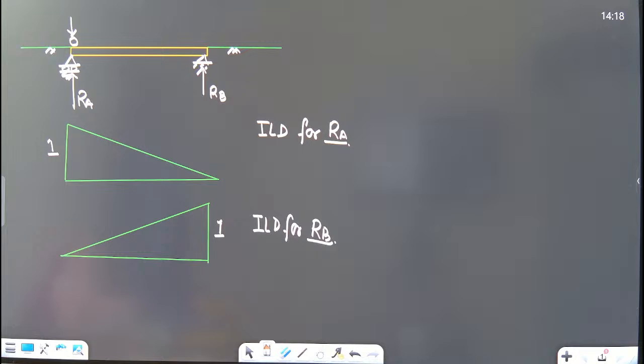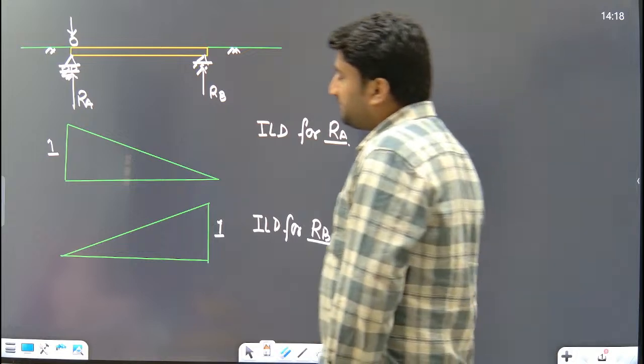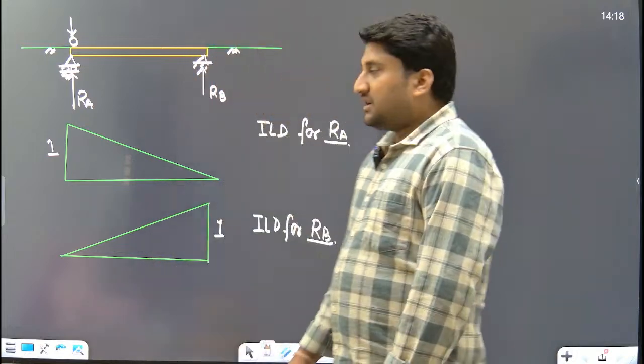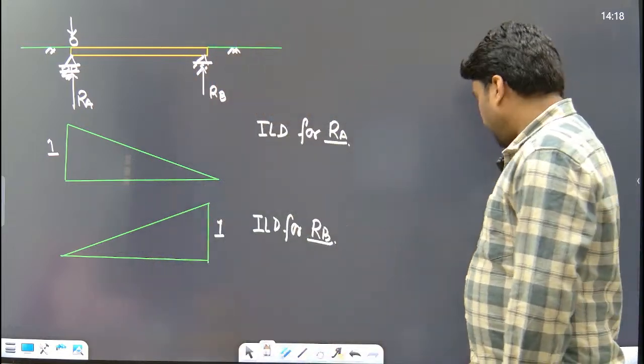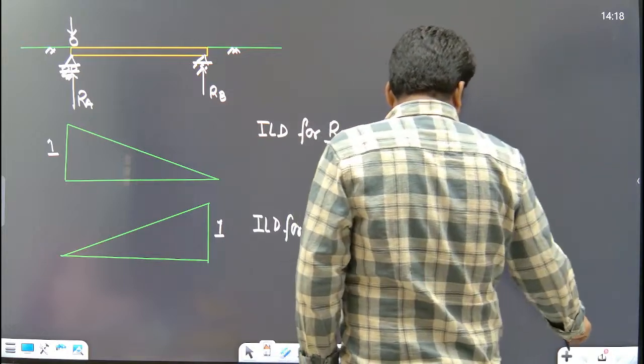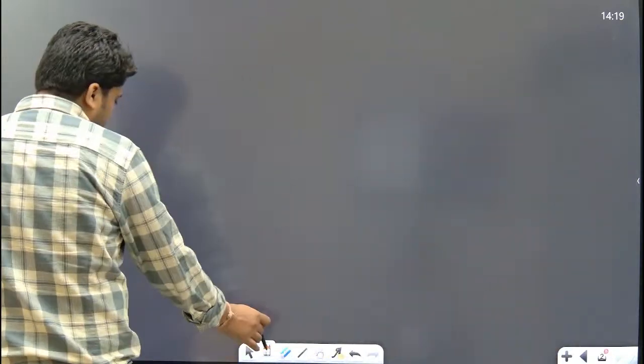Now the next concept we have discussed was, we will take up one question. Since we will take up one question, the question says that there are 2-point loads. I hope a very basic question we will take up. The 2-point loads are 2 meters apart.